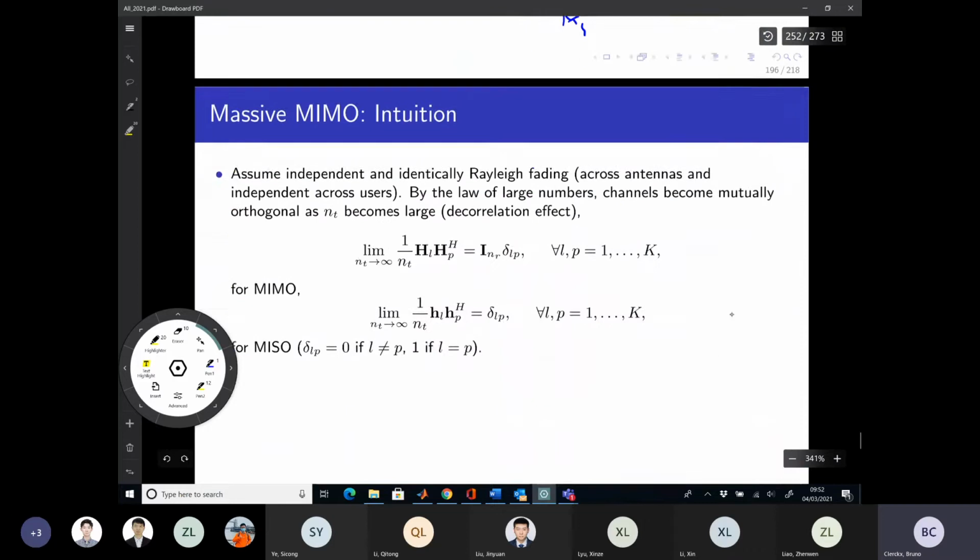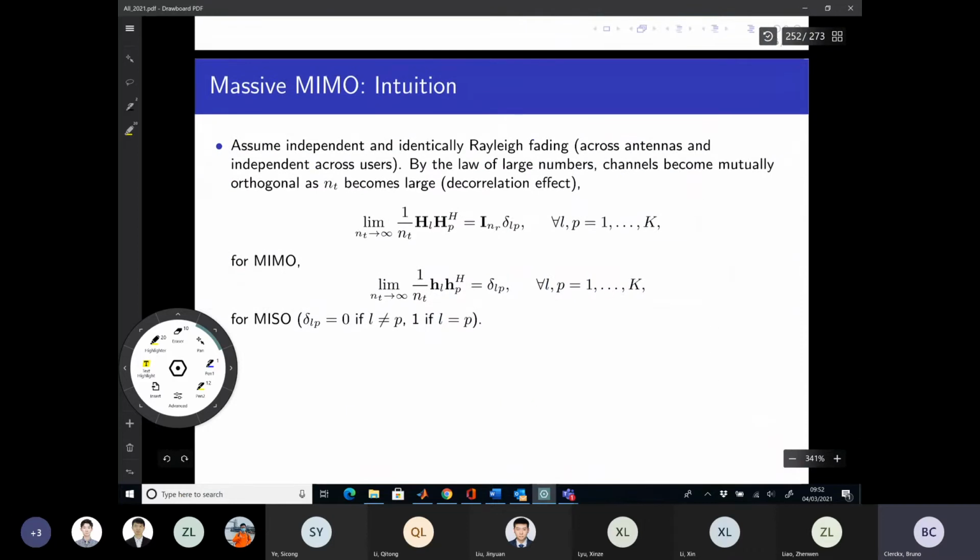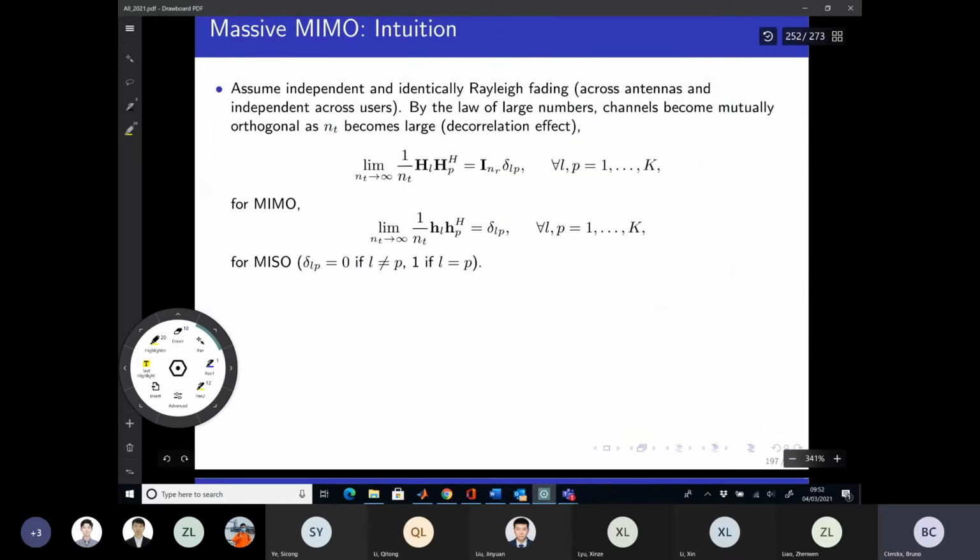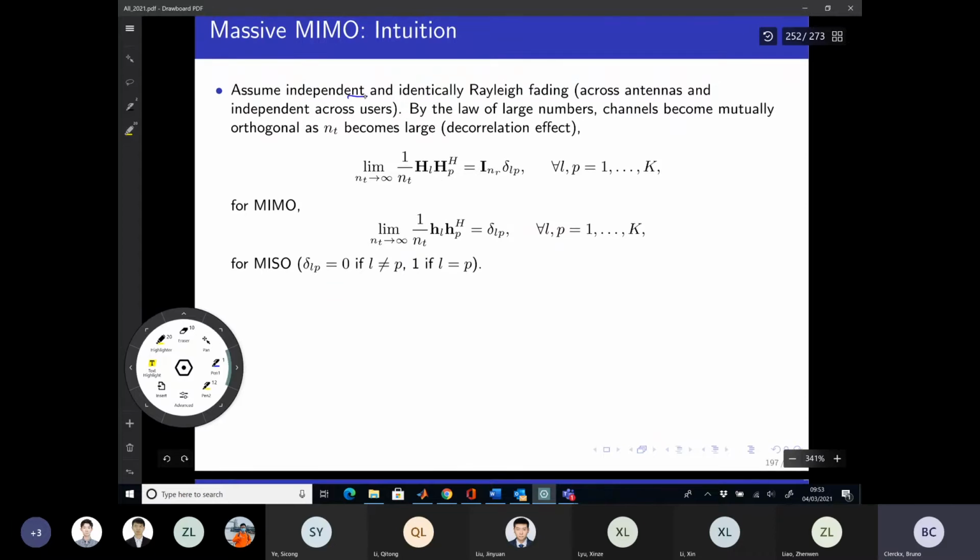Right. So what is the intuition behind massive MIMO? Well, it's simply the following. If you have channels of users, let's say a channel of user L and user P, and let's imagine I have a MISO case, with single antenna receivers and IID Rayleigh fading channels.